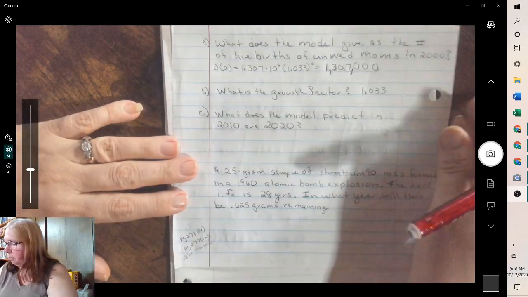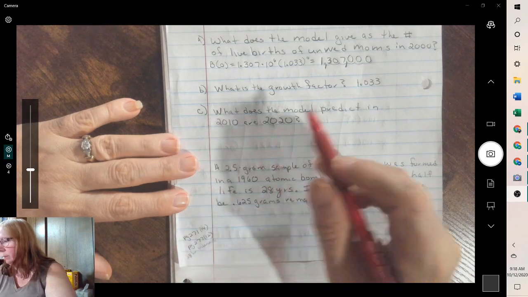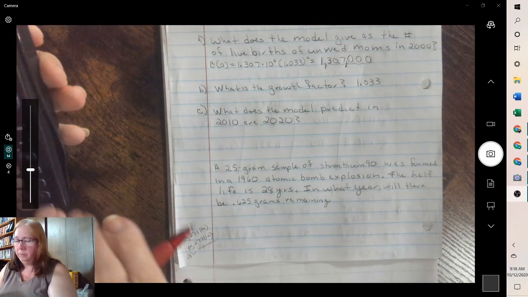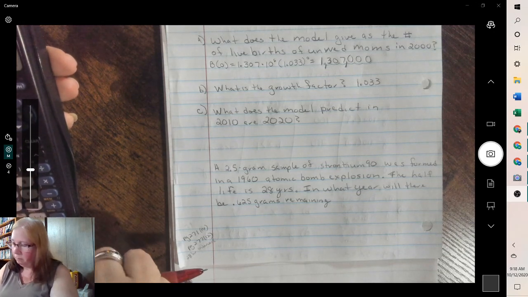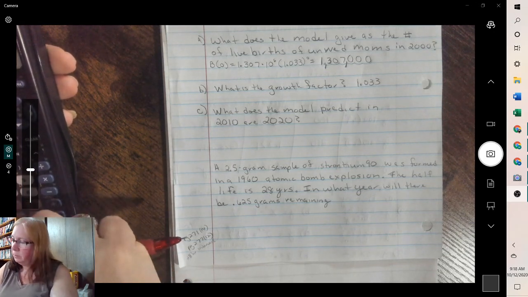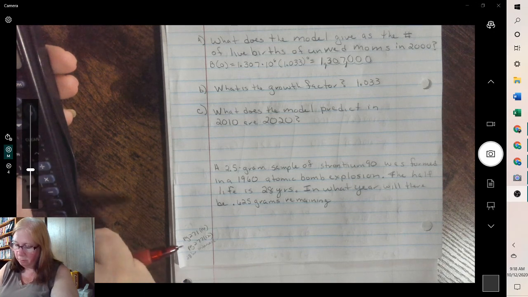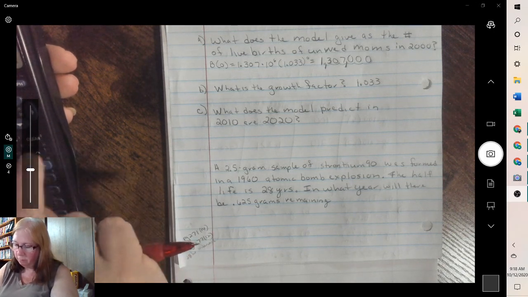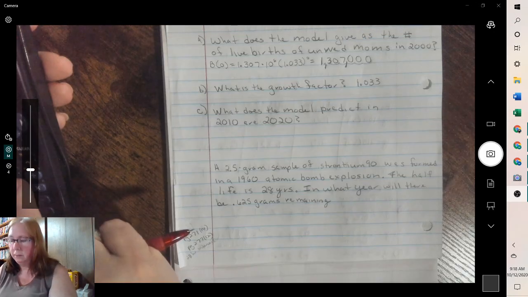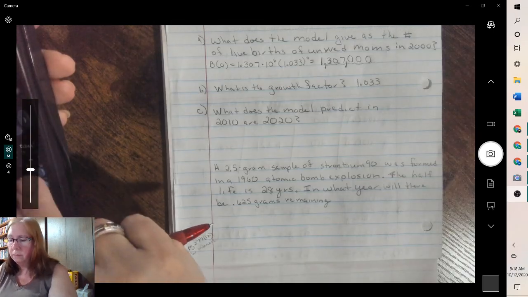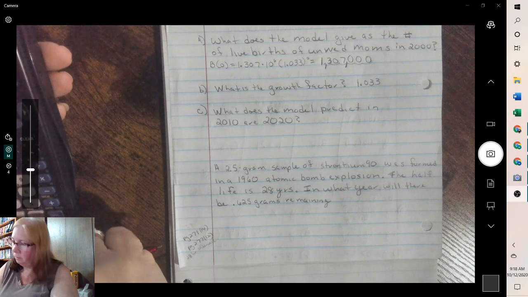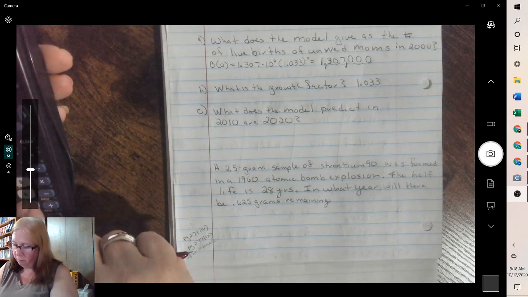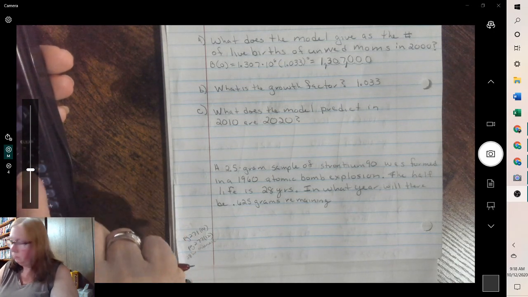What does the model predict in 2010 and 2020? Well, I'm going to plug it in. 1.307 times 10 to the 6th times 1.033 to the power.